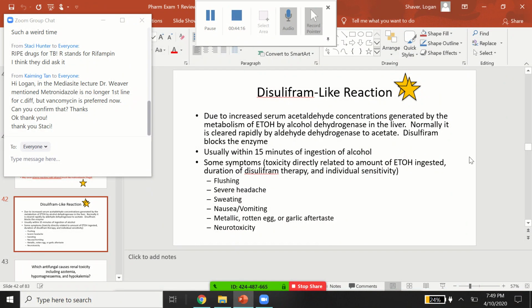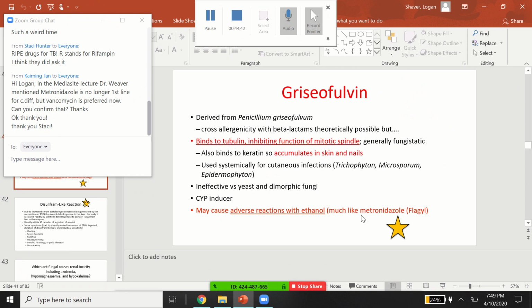They'll come in with those symptoms, and then they'll say they were treated for some condition maybe a week ago, and then they ingested alcohol and came in with these symptoms. Then you need to be thinking, okay, disulfiram reaction. If you know what that looks like, then it's got to be either metronidazole or griseofulvin of the ones we've talked about so far.